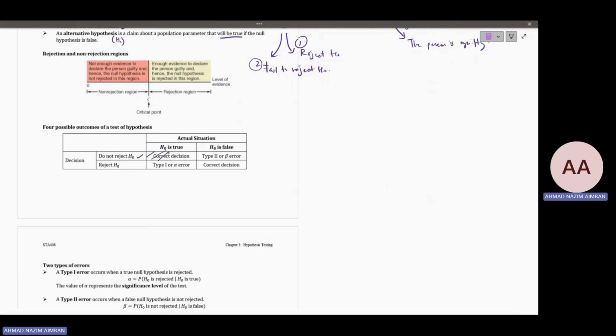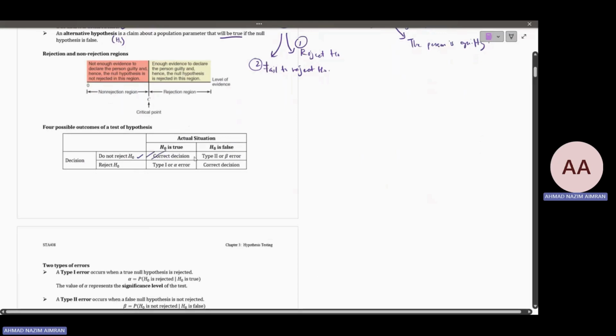I think I need to highlight this. So this is the correct decision. And when the H null is false, we reject the H null because it is false. This is also a correct decision.